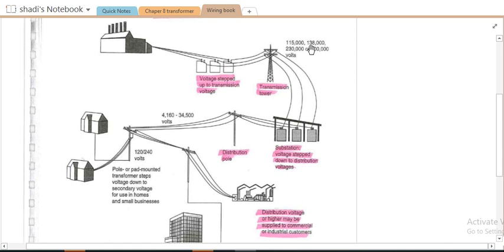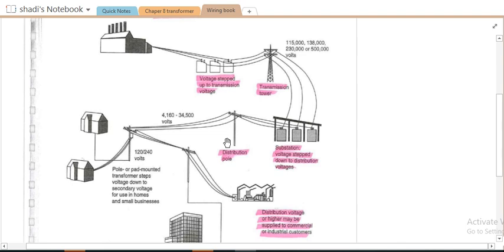Now, as you can see, we have different levels of voltages until we reach the place where we need to connect our load. So we have the distribution system after the first substation or the step down system. As you can see here, it could be a wooden pole, or it could be an underground system for the distribution.